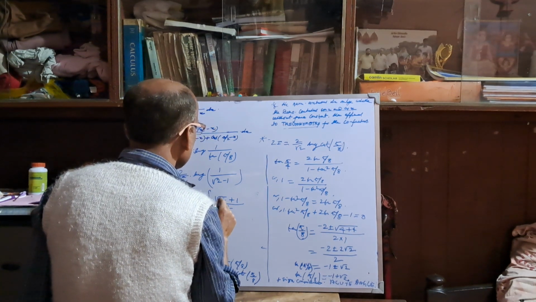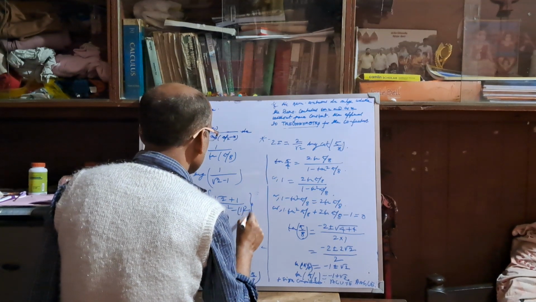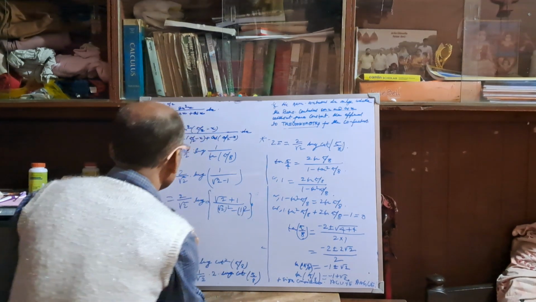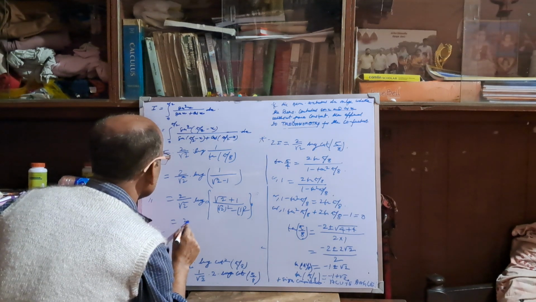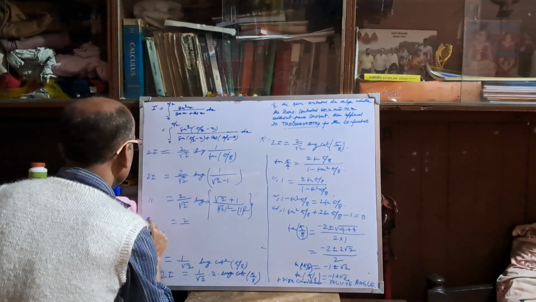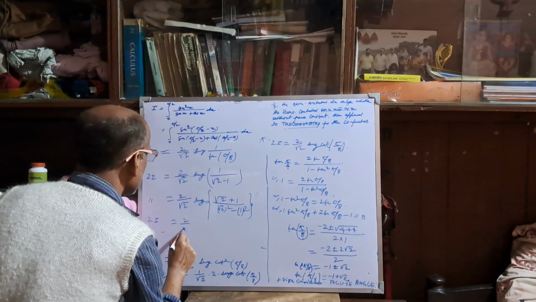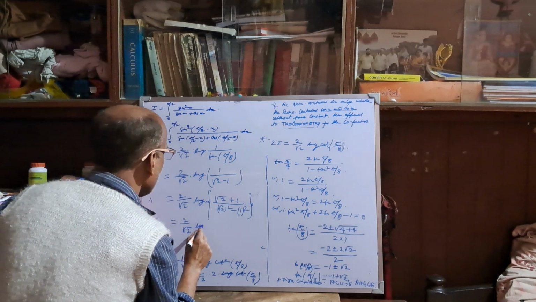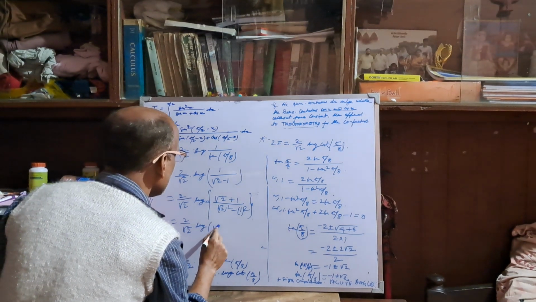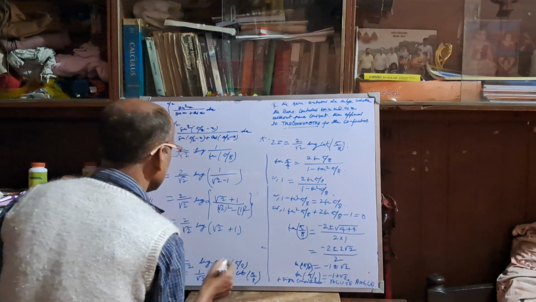So what is left is 2I equals √2 log(√2 + 1), or (1 + √2). I can write both ways.